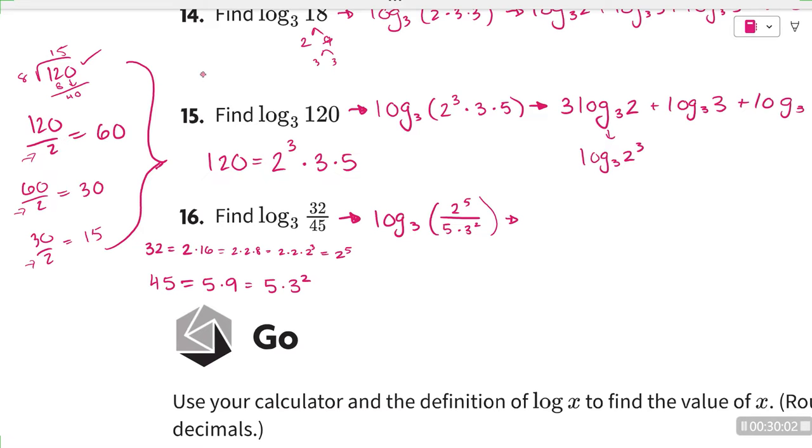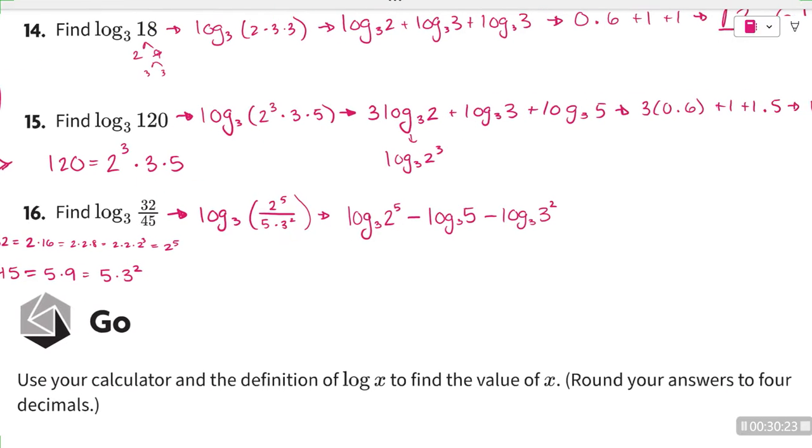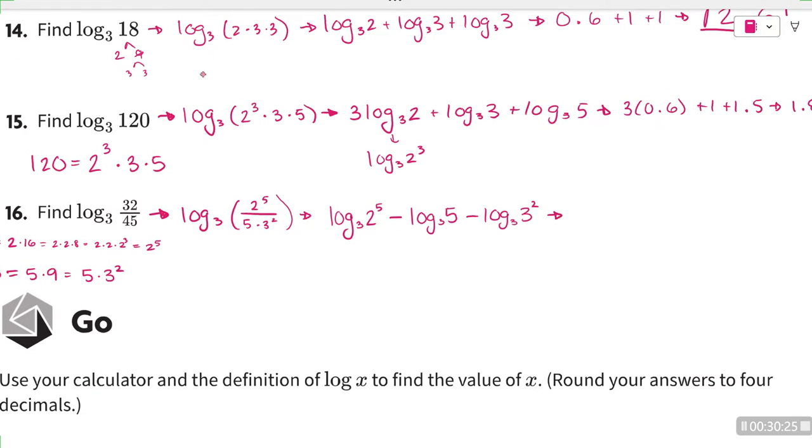So, again, I'll show all the steps for this one. Log base 3 of 2 to the 5th. Since they're in the denominator, we do minus log base 3 of 5 minus log base 3 of 3 squared. Okay, so let's use our power rule now to bring those exponents down, which we don't always have to do.